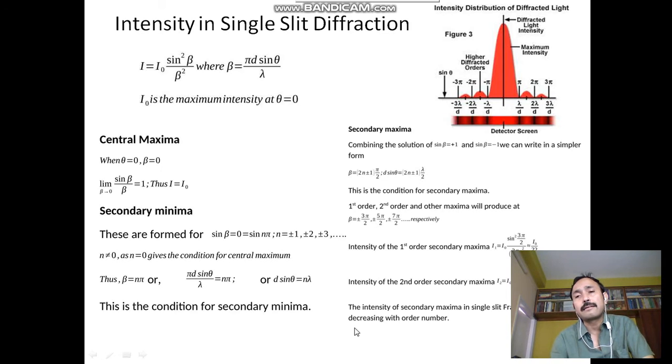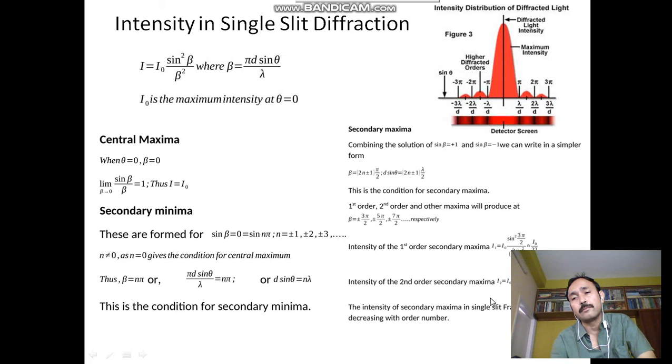First order and other maxima will be produced at 3 pi by 2, then 5 pi by 2, 7 pi by 2, and so on. The minima I am discussing later. On the left hand side also 3 pi by 2, 5 pi by 2, and 7 pi by 2. The intensity of the first order secondary maxima I1, putting beta equal to 3 pi by 2 in I naught sine square beta by beta square, is I naught by 22.